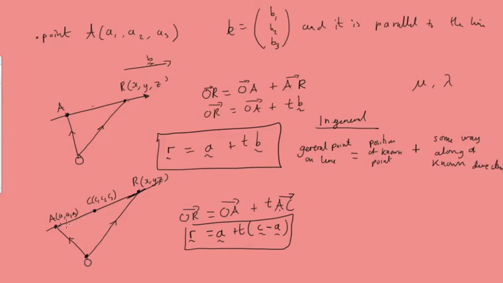So this is either our AC, we know it's going along this direction, it'll meet R if our t is correct, and similarly we've got this parallel vector B. So this is a general rule for the vector equation of a line.